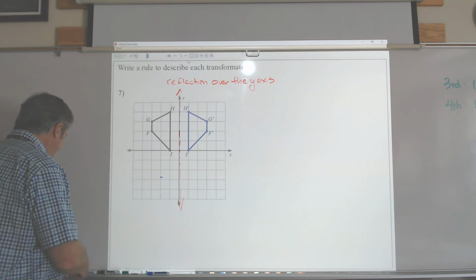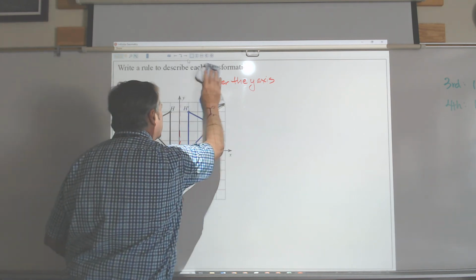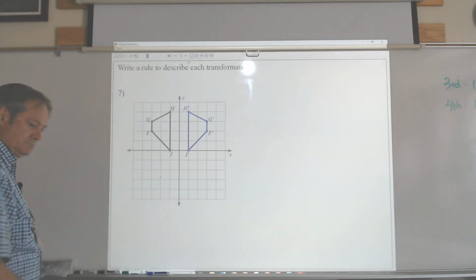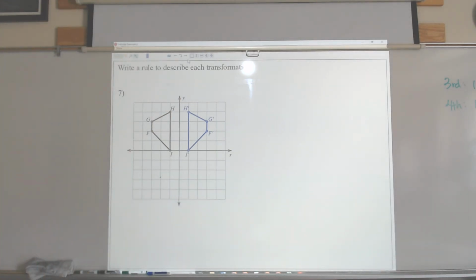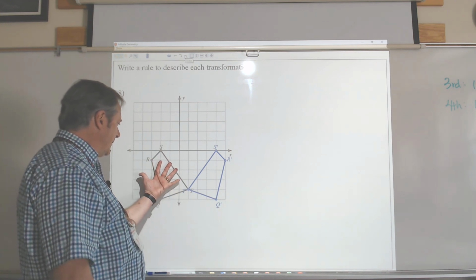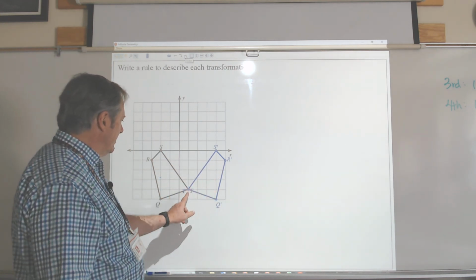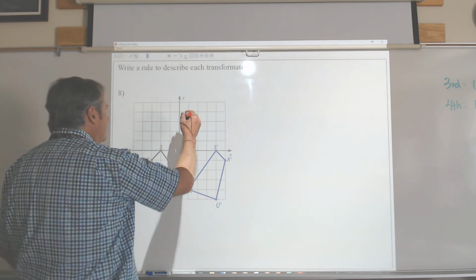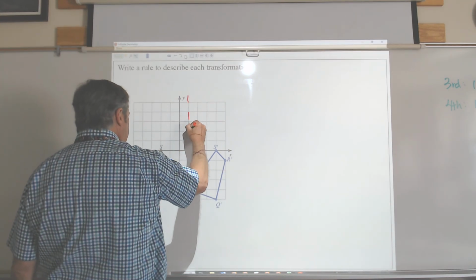All righty, let's do our last one. Again, take a good look at it. How did we go from pre-image to image? Well, it looks like it flipped right through here, did it not? All right, so let's sketch that line in.